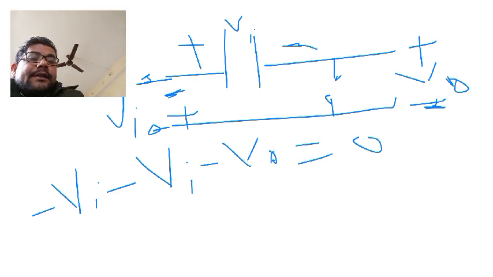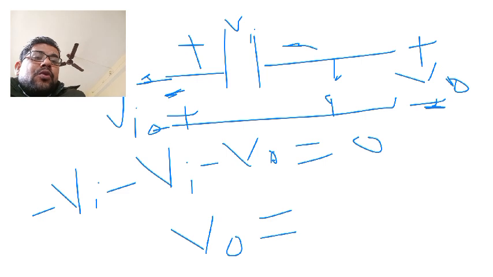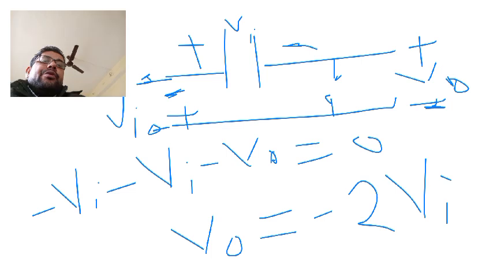So we can say the output V0 equals minus Vi minus Vi, which is minus 2 Vi. During the positive half cycle the output was 0, but during the negative half cycle the output was 2 times the input.